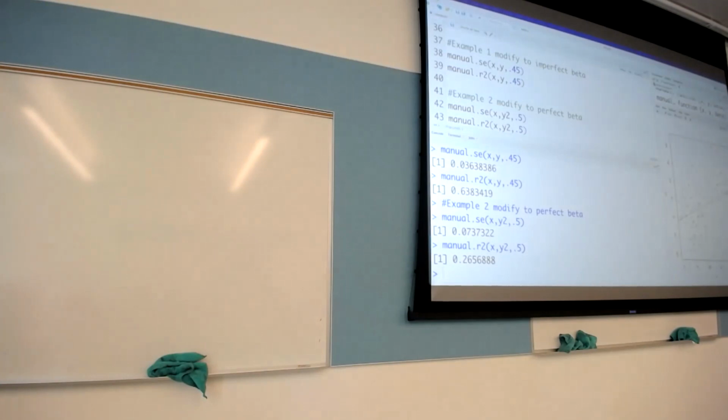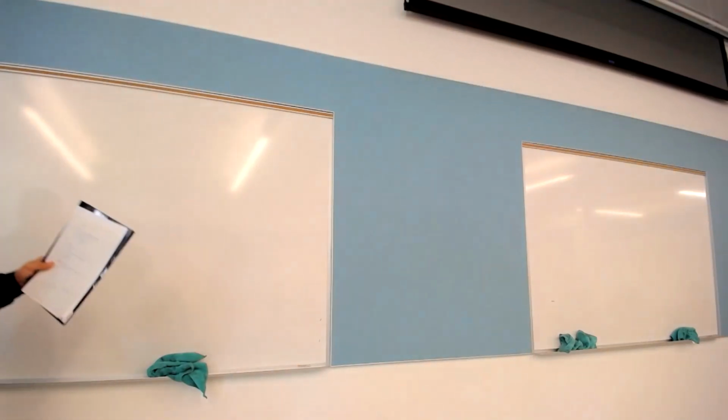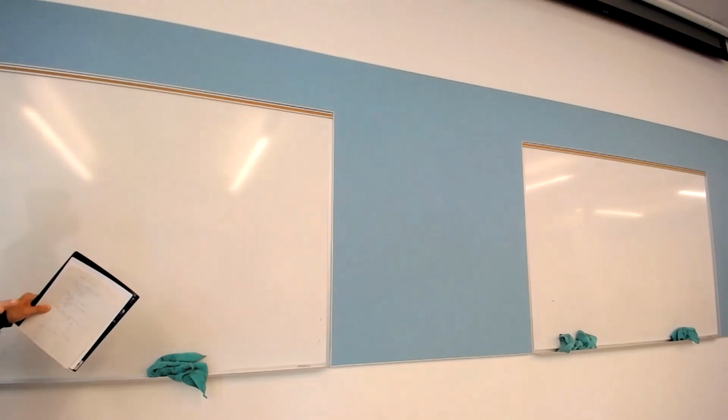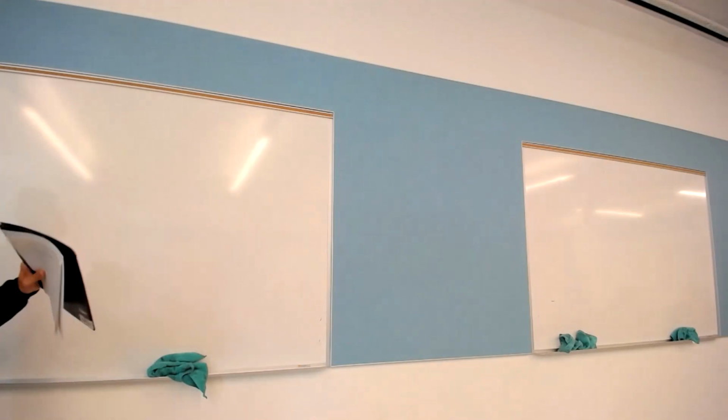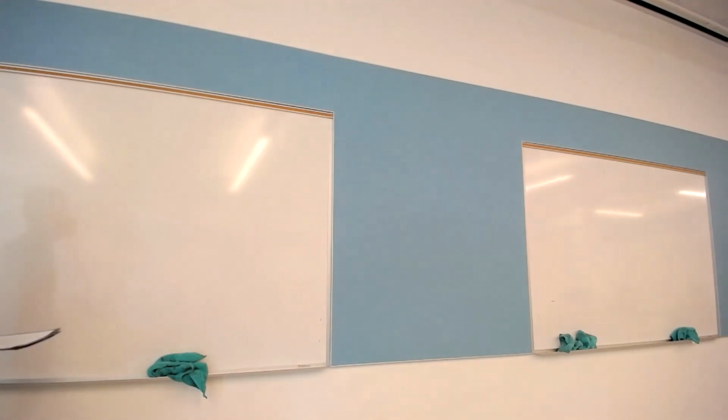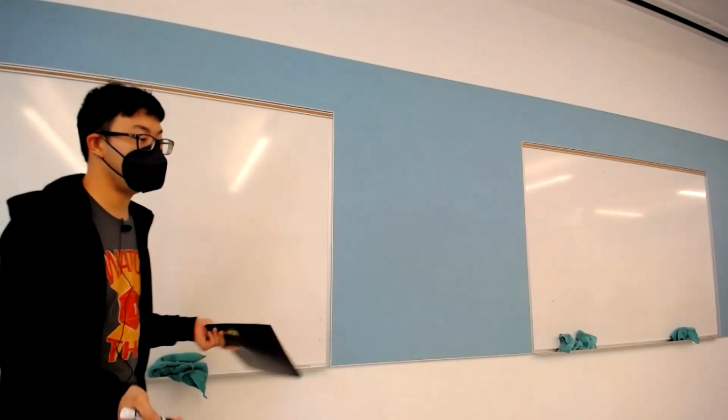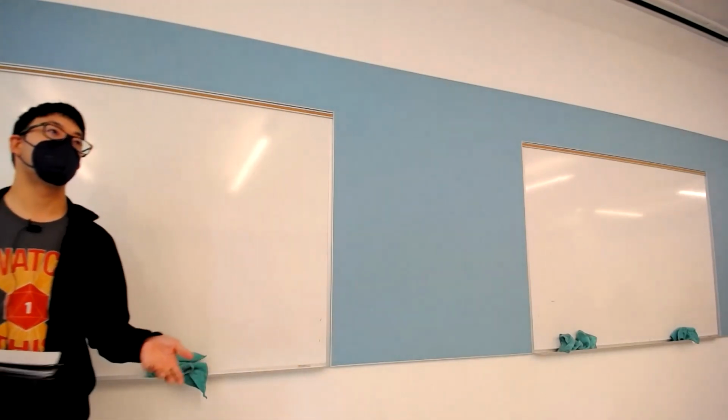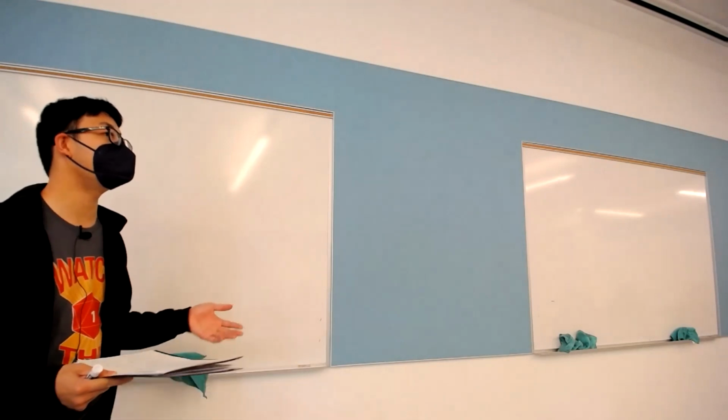Okay, so let me pull up the display then. Okay, so if the standard error and the R-squared aren't going to be the main things describing how good a model is, what other tools do we have at our disposal?